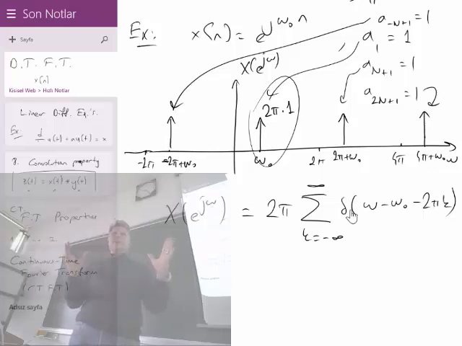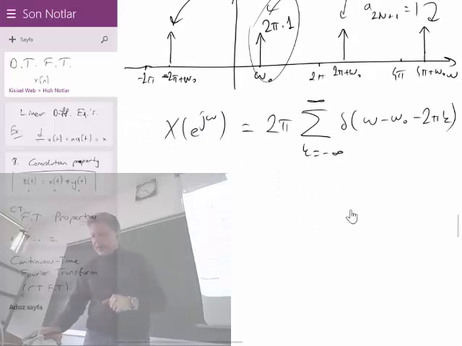If it is capital N, for example, you have capital N distinct Fourier series coefficients. They must fit into a width inside this plot of 2 pi. From 0 to 2 pi, you can say, or from minus pi to pi. You plot those distinct Fourier series coefficients, scale them by 2 pi, and they will become the Fourier transform, and then repeat them at 2 pi. Everything will have to fit into 2 pi, the width of 2 pi.